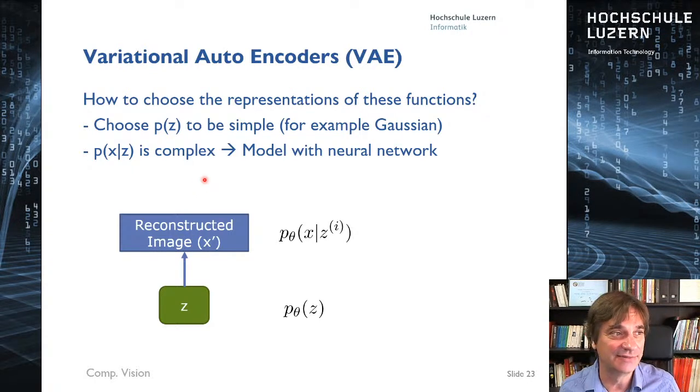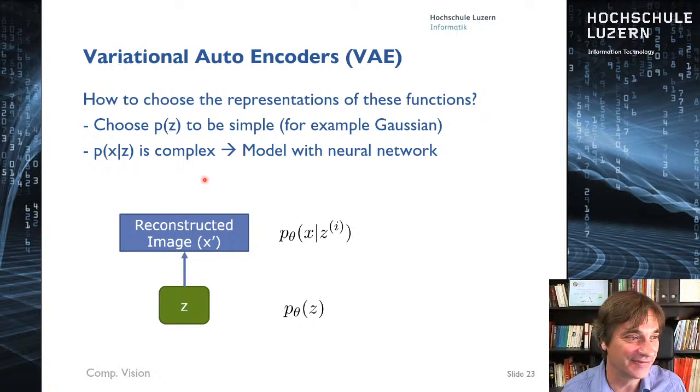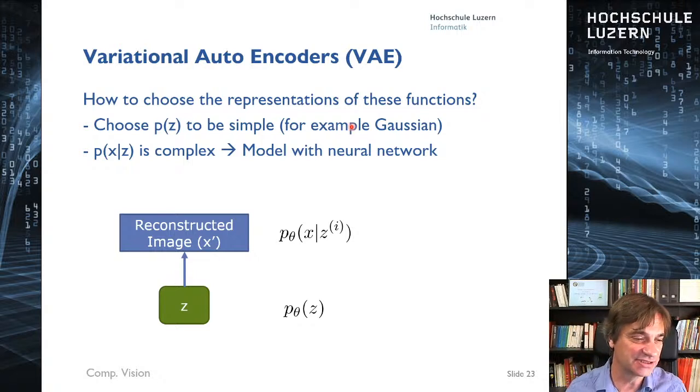So the idea behind variational autoencoders is that you want the distribution of your latent space to be simple, for example a Gaussian distribution. And if it is a Gaussian distribution, then it's easy to sample from it.